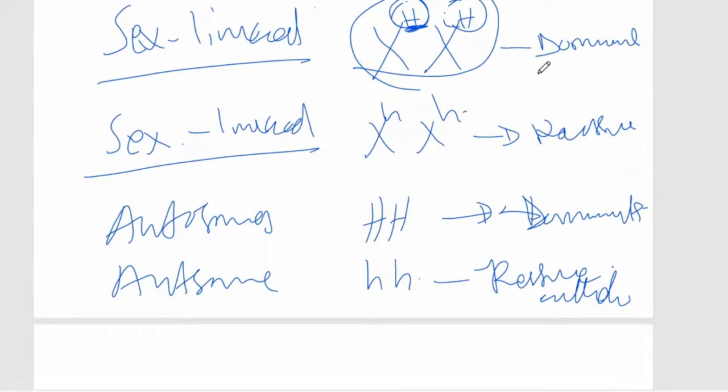I'm saying that there are 4 ways in which a pedigree can be expressed. Sex-linked caused by dominant allele, sex-linked caused by recessive allele. They will mention that this is caused by a dominant allele or this is caused by a recessive allele. Most examples come as a recessive allele.